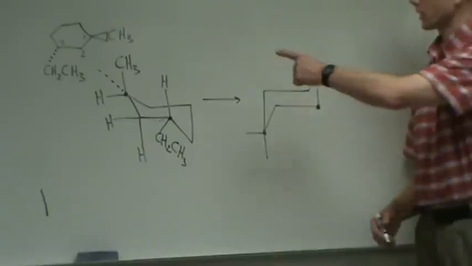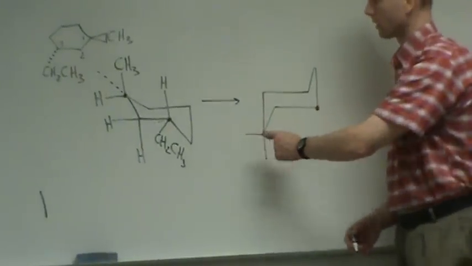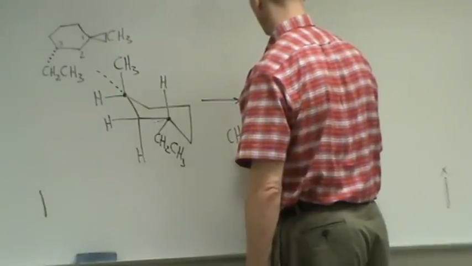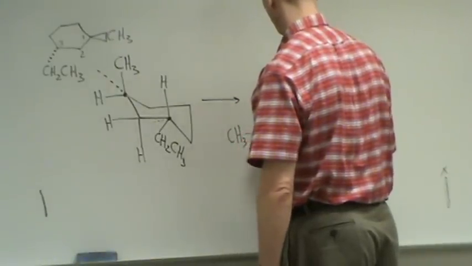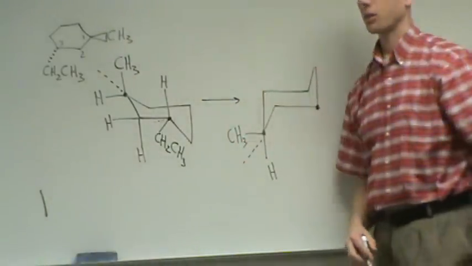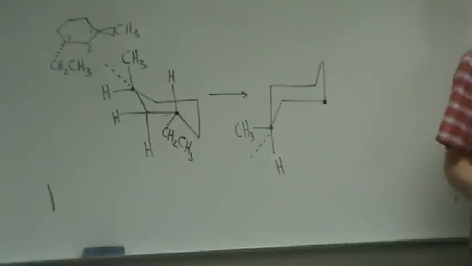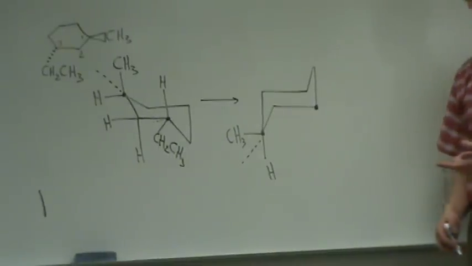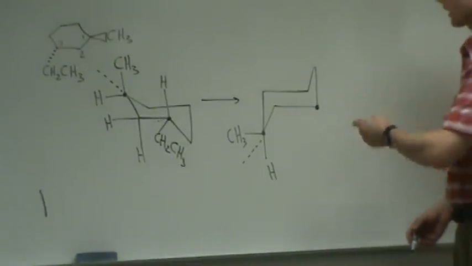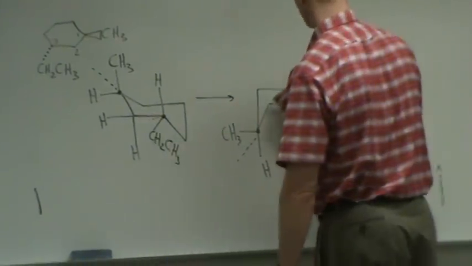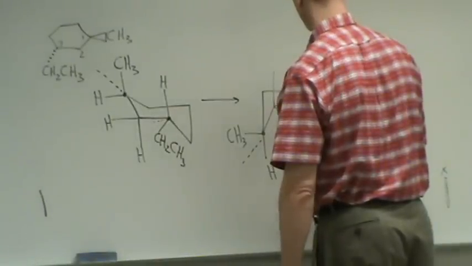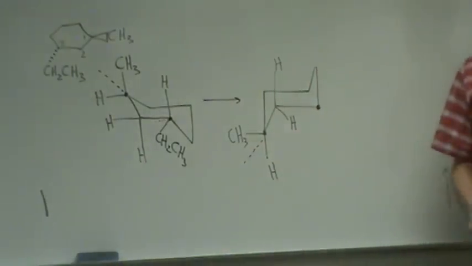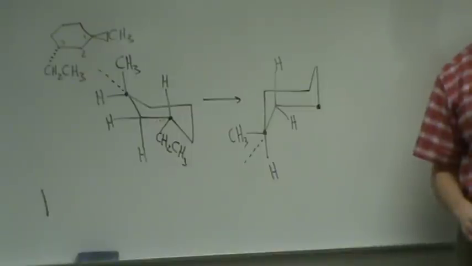Now the CH3 is going to be where? Equatorial. Again, I can use my dotted line to still show it's on the top. Okay. There's those 2 hydrogens that are not a big deal.